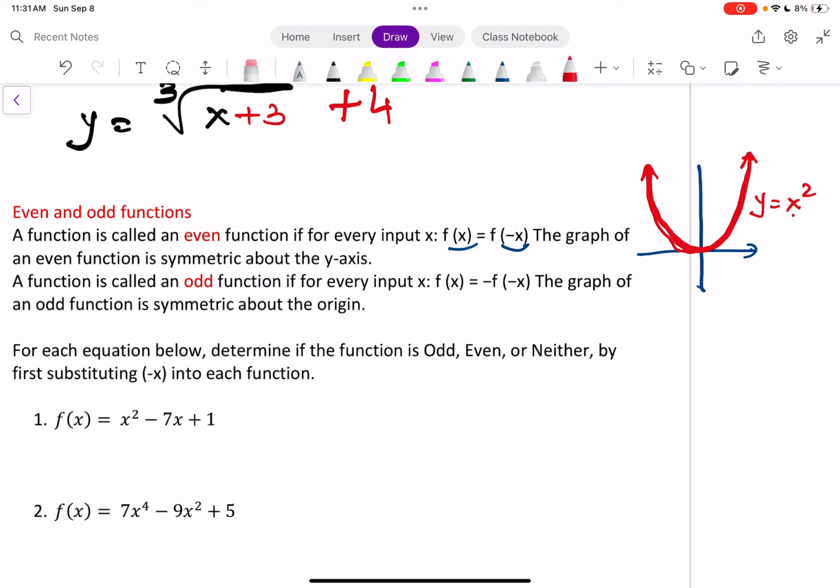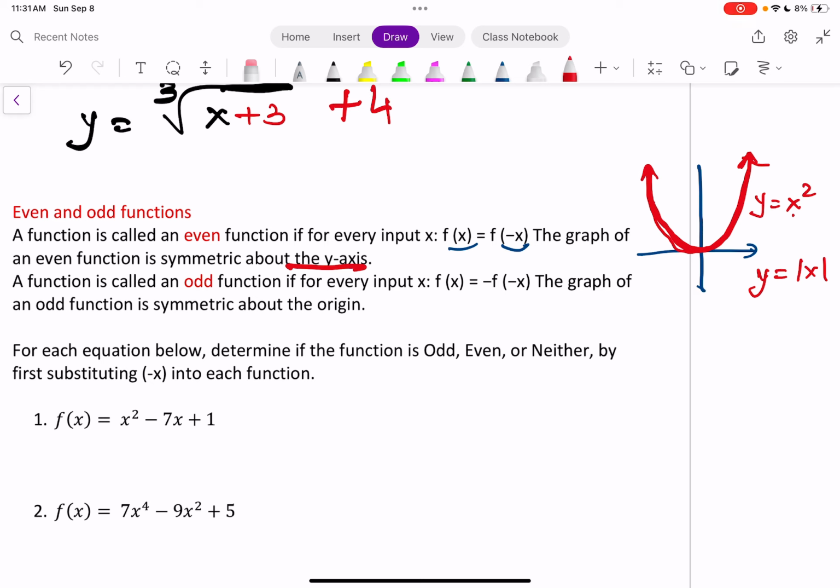So these kind of functions are symmetrical about the y-axis. Another good even function is the absolute value function. Its graph, plug in a negative x for x, you get the same thing. So the graph is symmetrical about the y-axis.